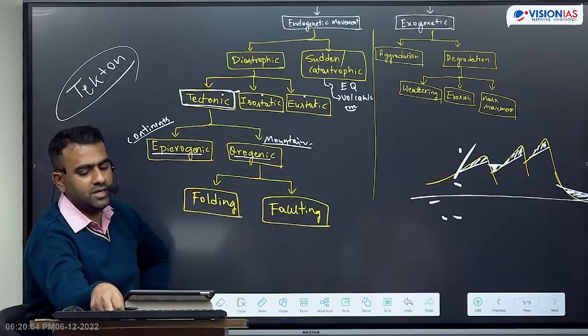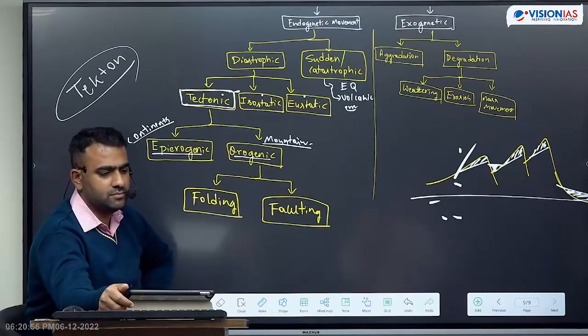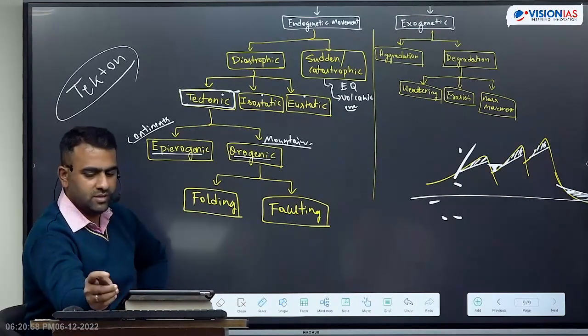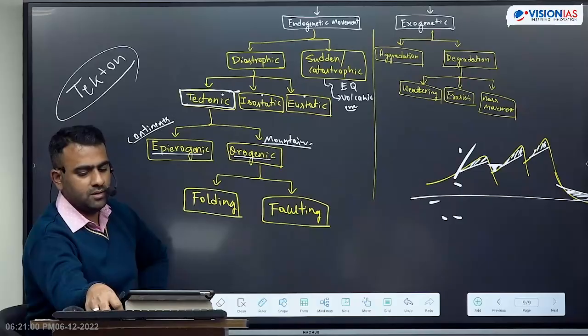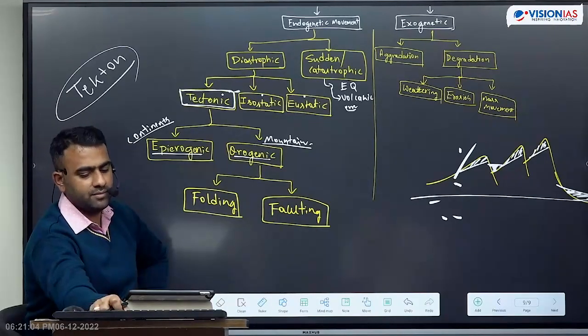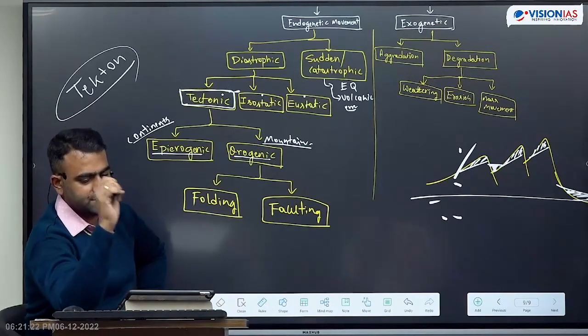These are continent and mountain building movements affecting the Earth's surface.